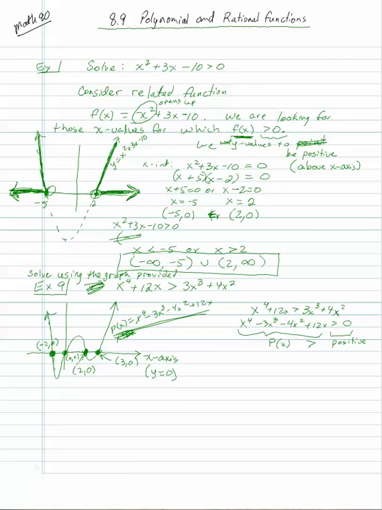We want p of x to be positive. Where are the y values above the x-axis? So what x values give you y values that are above the x-axis?